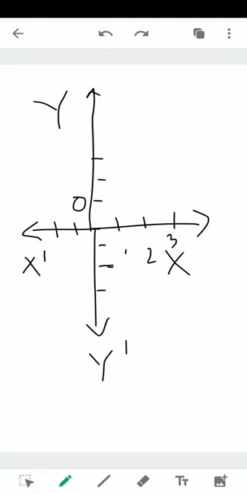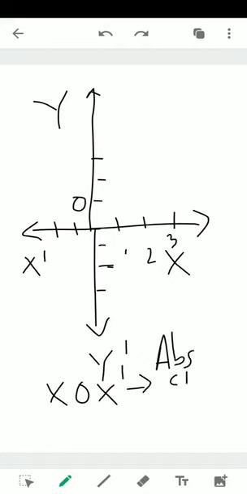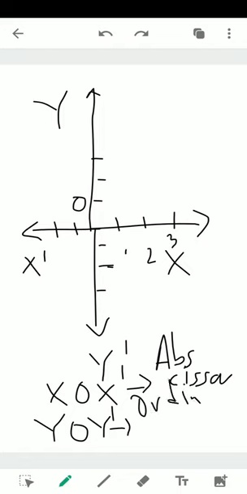Okay, and this x O x dash is called your abscissa. Let me just write it, abscissa, and your line y O y dash is called your ordinate, and the entire system is called coordinate system. So let me just write it, coordinate system.